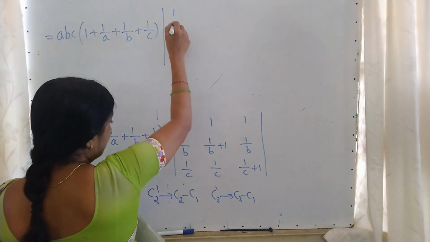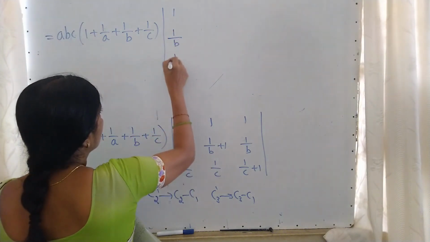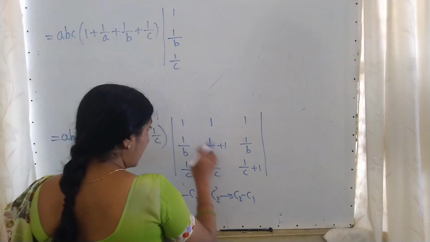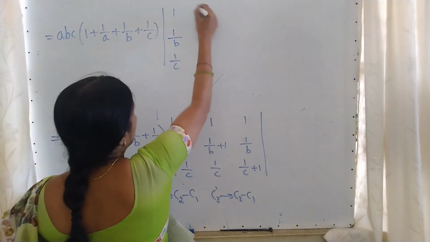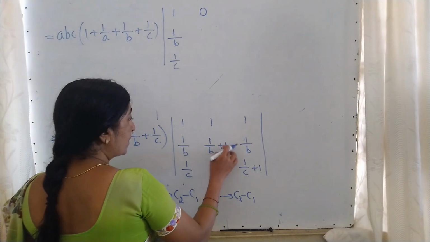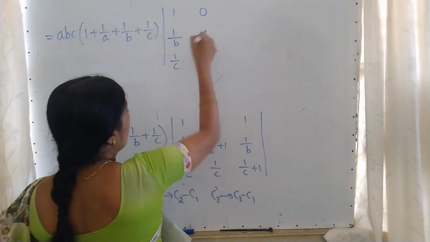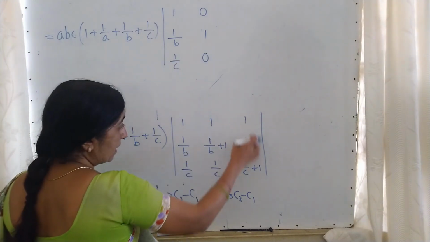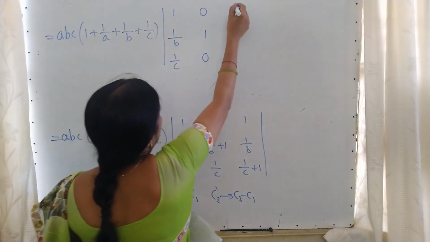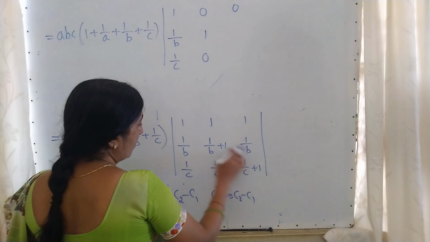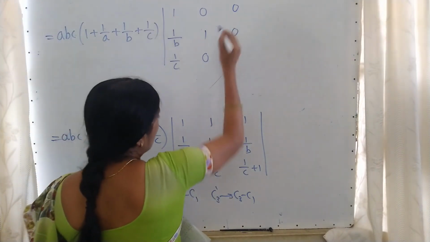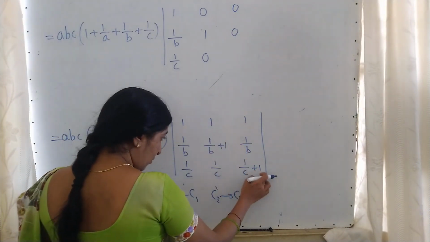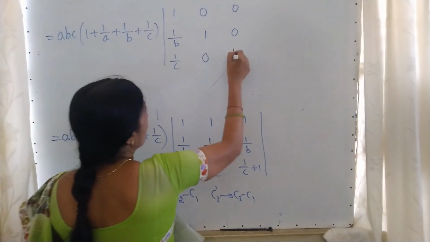That means the first column as it is. C2 minus C1: 1 minus 1 is 0, 1/b plus 1 minus 1/b is 1, 1/c minus 1/c is 0. C3 minus C1: 1 minus 1 is 0, 1/b minus 1/b is 0, and 1/c plus 1 minus 1/c is 1.